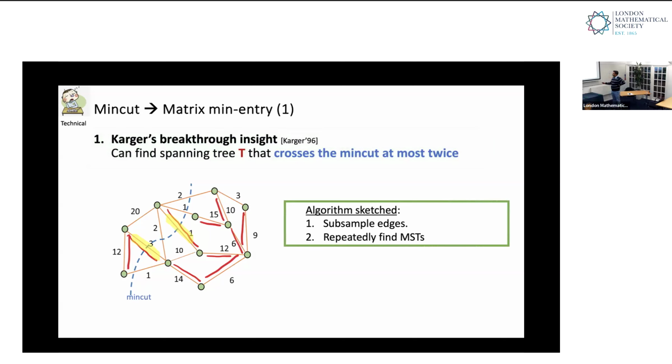I'm not going to talk about how this reduction works, but essentially it amounts to repeatedly finding minimum spanning trees of the graph. And because we have seen MST is cross paradigm, this part is also cross paradigm. So let's just assume that you can do it in an instruction manual way.